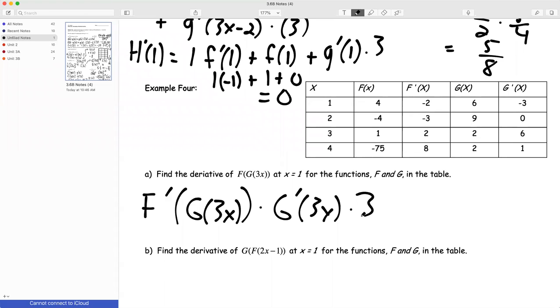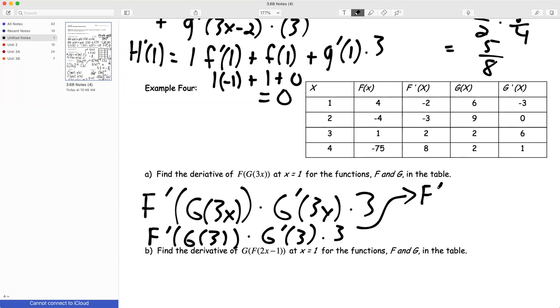All right, so now I'm going to plug in 1. So that will give me f prime of g of 3 times g prime of 3 times 3. And now I'm going to go to my chart here. So g of 3 is going to be 2.